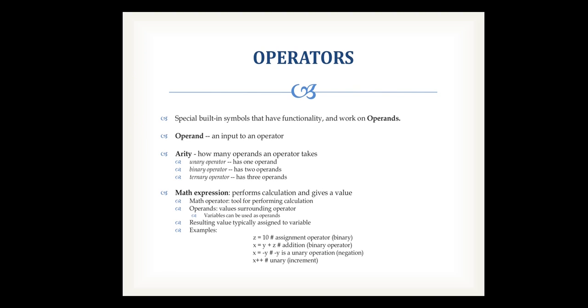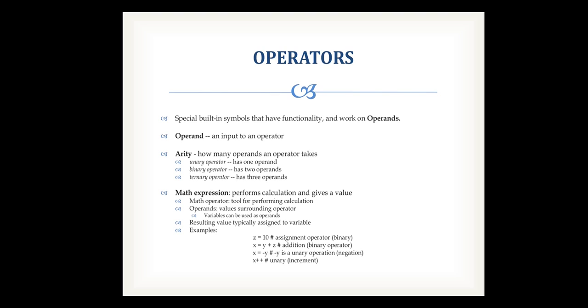Next one is a math expression. It performs calculation and gives a value. Math operator is a tool for performing calculation. Operands are the values surrounding operators. A variable can be used as an operand. The resulting value is typically assigned to a variable.